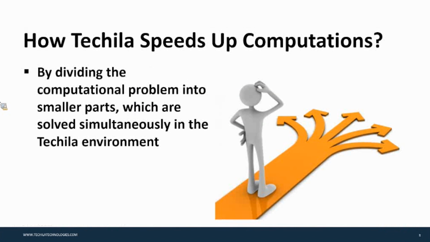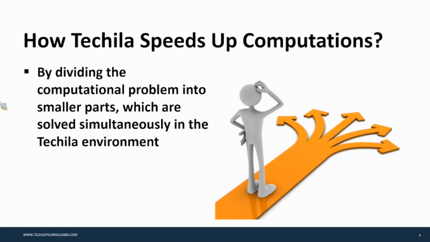Okay, so how does Techila speed up computations? Techila does this by dividing the computation problems into independent smaller parts which are solved simultaneously in the Techila environment, typically by using a very large amount of CPUs which have a lot of cores.